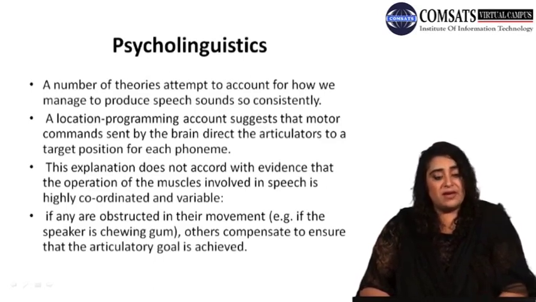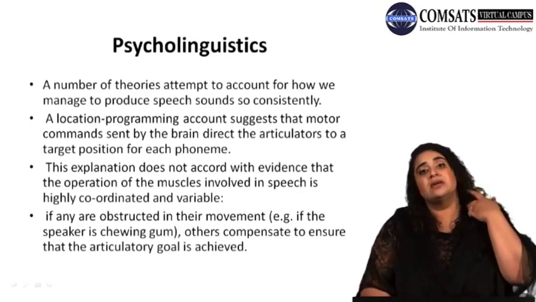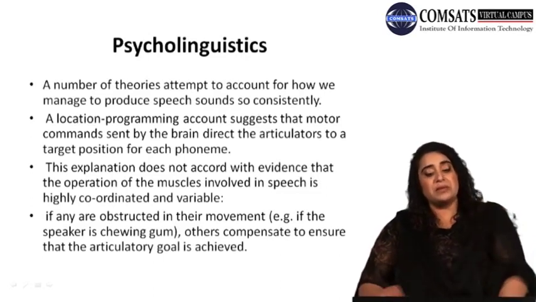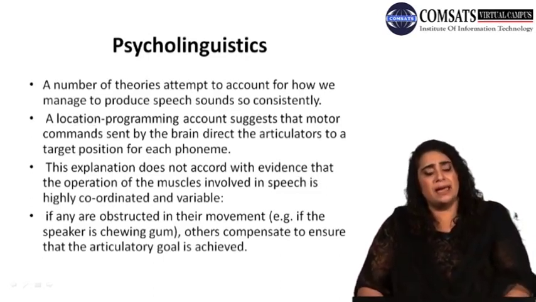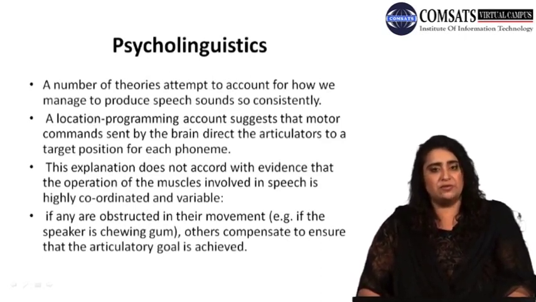Why? Because if any are obstructed in their movement, for example, if the speaker is chewing gum, let's say, others compensate to ensure that the articulatory goal is achieved. So even if the speaker is chewing gum, there are so many other articulatory factors that would achieve the goal.